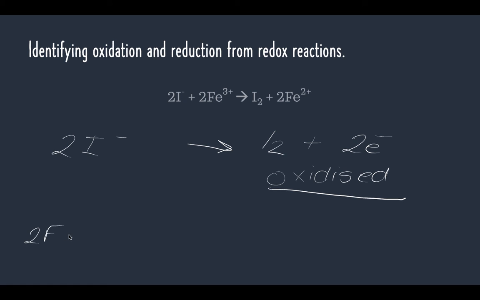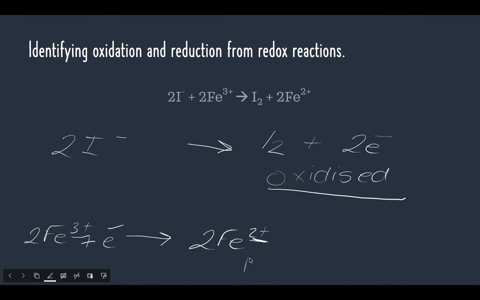In the case of our iron 3+ ions, they are becoming iron 2+ ions. Now, in order to go from iron 3+, so this is an iron atom that has lost 3 electrons, to an iron ion with only 2 electrons lost, we must gain an electron.